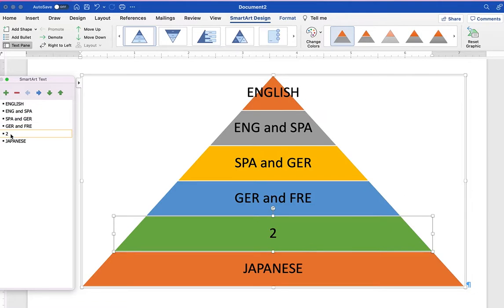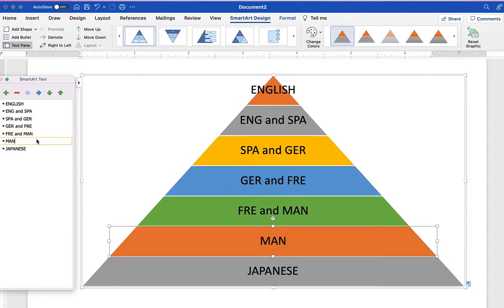And then we have to find someone that speaks French and Mandarin Chinese. And then, of course, there'd be another step in there from Mandarin Chinese and Japanese. And now we finally have ourselves a way to get from English to Japanese in the most roundabout way possible.